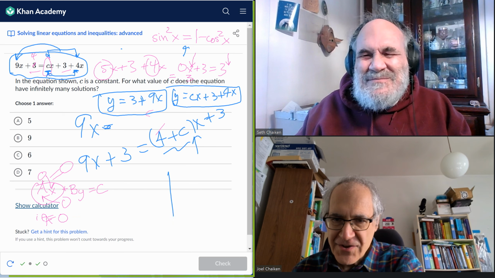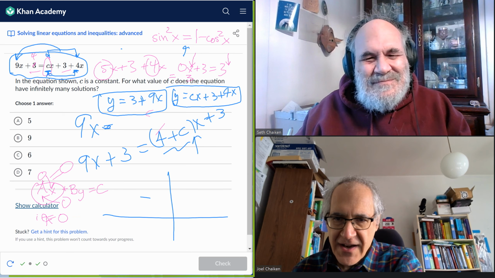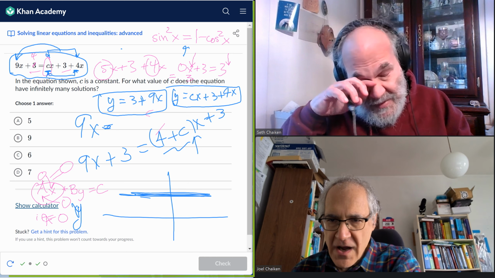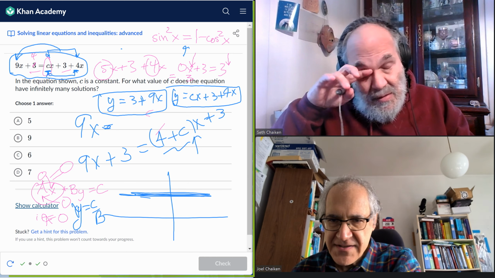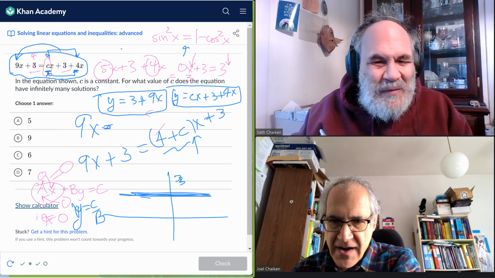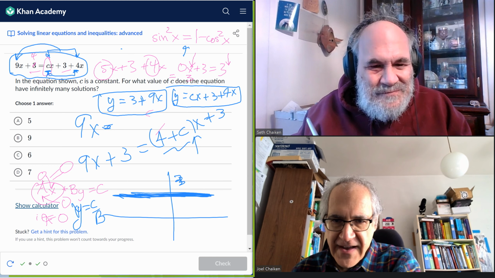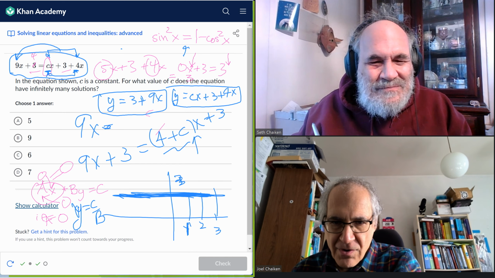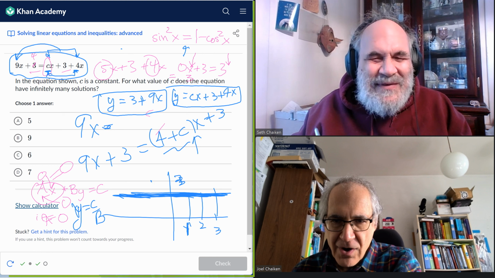So on the graphical side, you get a horizontal line. Y is equal to c over b, so let's say it's 3. Y is 3, so for all values of x, when x is 1, when x is 2, when x is 3, you're always going to get y is 3.